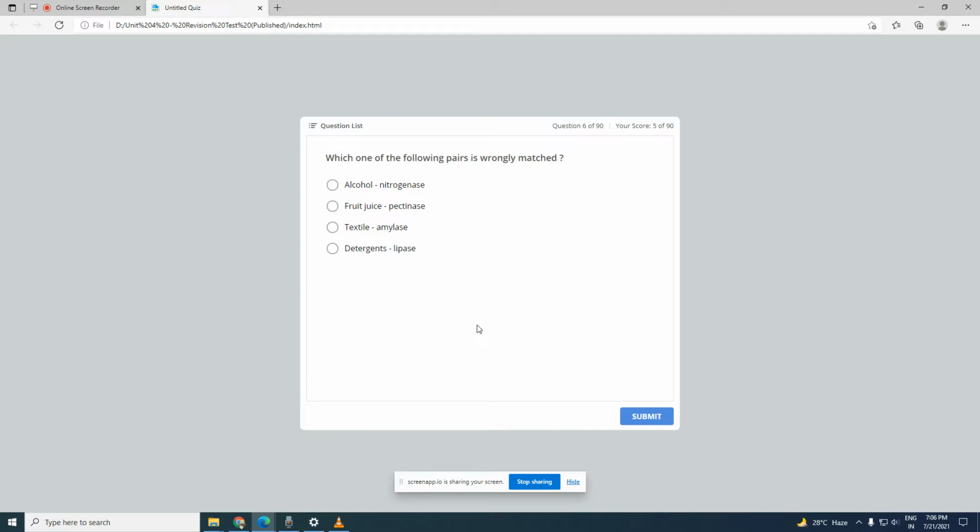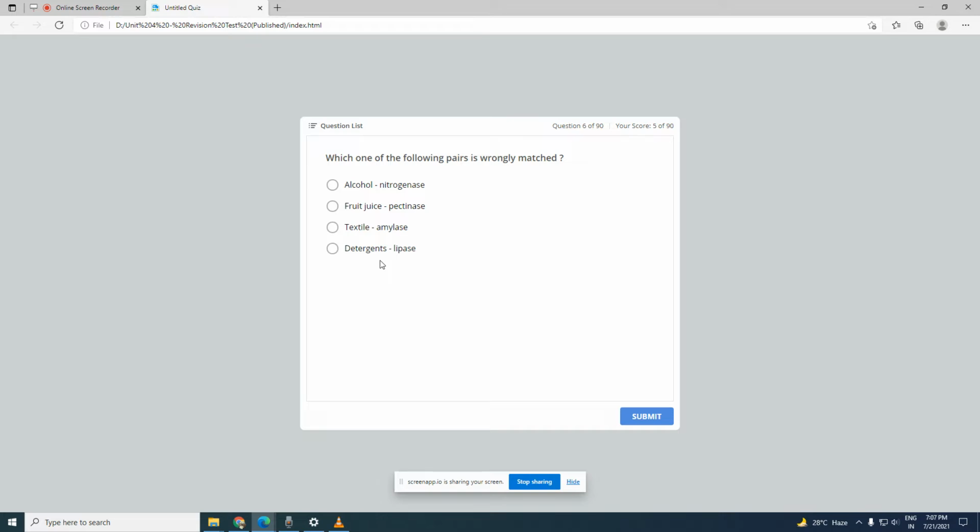Which one of the following pairs is wrongly matched? Here we have given four pairs. The first pair is alcohol, nitrogenase. Second one, fruit juice, pectinase. Third one, textile, amylase. Fourth one, detergents, lipase.